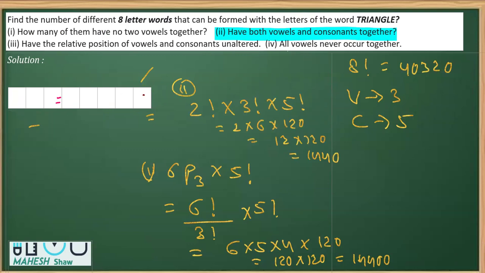Now we'll come to the next part. The next part says that the relative positions of vowels and consonants are unaltered. That means whatever the position of the vowels, the vowels I, A, E will be at their own places, and the consonants again should be at their own places.